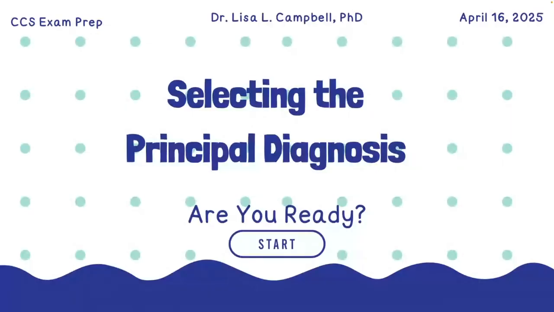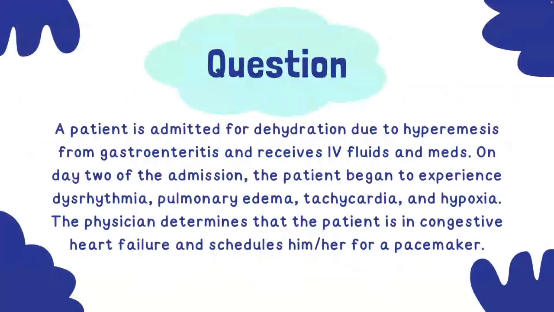So we're not looking for any secondary, just the principal, unless it tells you about a secondary. And you don't need the code, just the words. What is the principal?